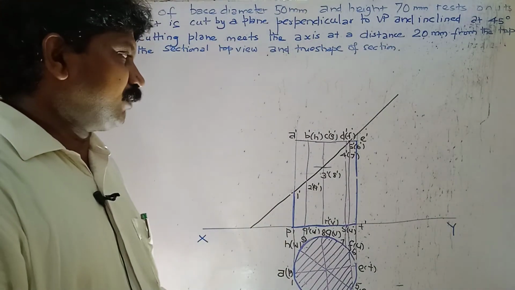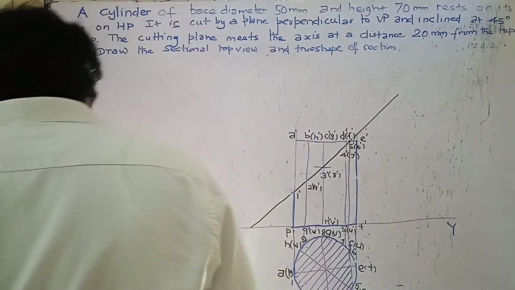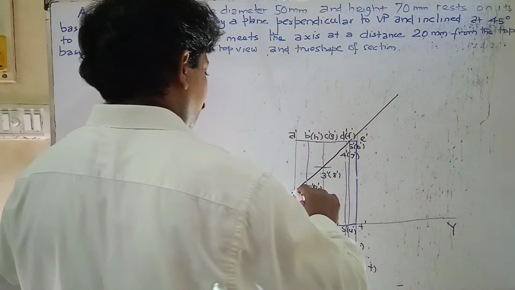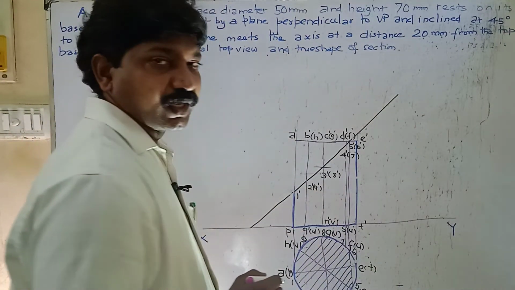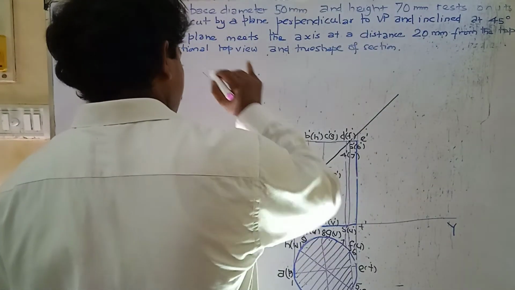Now how to draw the true shape of the section? Draw perpendicular lines from all the cutting points, perpendicular to the cutting plane.